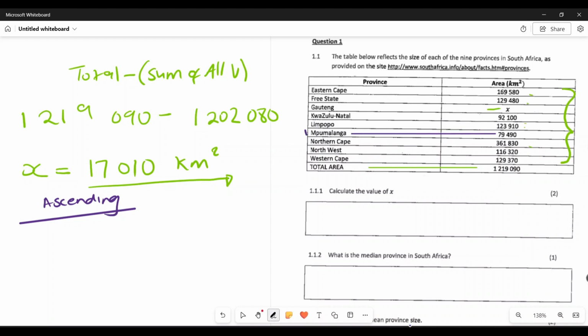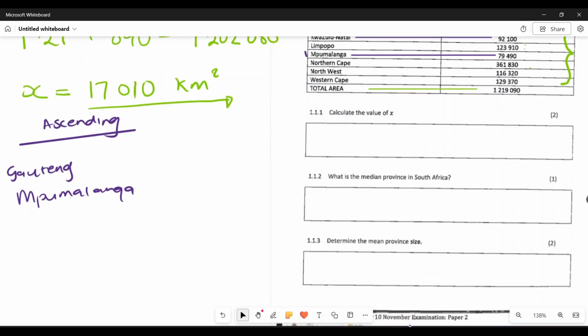Now let me see the other lowest that I have. Oh, the lowest is Gauteng. So I have Gauteng. And after Gauteng, let me see, I have Mpumalanga. And after Mpumalanga, let me see which other province has the lowest area. I have KwaZulu-Natal here. Let me highlight it. So I have KZN.